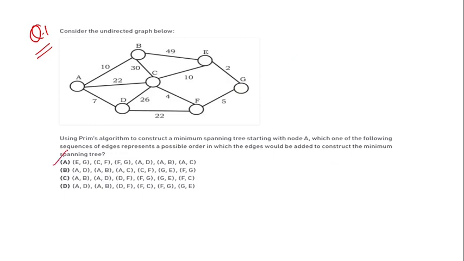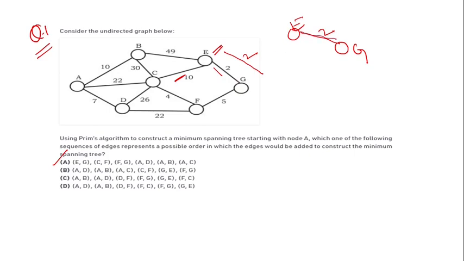The first option is EG. It is starting from E, no problem, you can start from anywhere. So EG, where is G? This one, EG, which is 2. Then CF. E has 2 options, this and this: EC and EG.